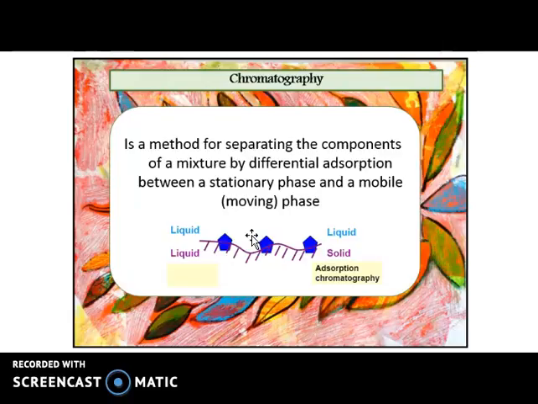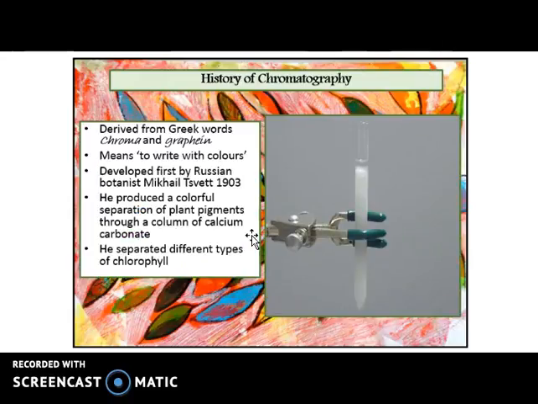Now a little history regarding chromatography before we move on. Chromatography is actually derived from Greek words, chroma and graphein, which means writing with colors. The first person who developed chromatography is a Russian botanist called Mikhail Tswett in 1903.